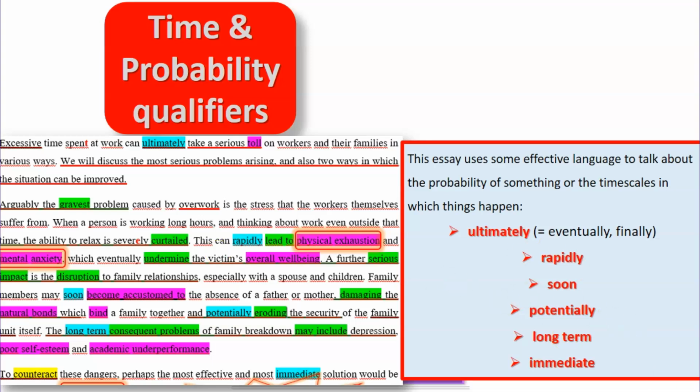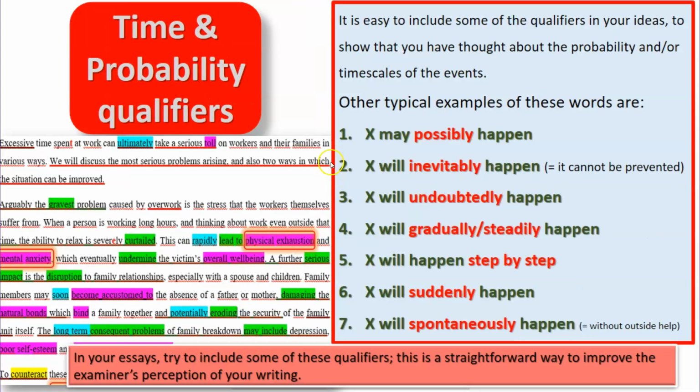You can use it in your exam. For example, this is going to inevitably happen, this is going to spontaneously happen, right? In this way, you are going to improve your band score, and you are going to change the examiner's perception of your writing.